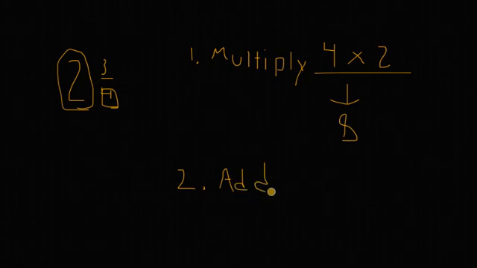So what do we add? In this case, we have to add the number that 4 times 2 provided, the big number and the denominator, and add it with our numerator. So in this case, 8 plus 3, and that will equal 11.